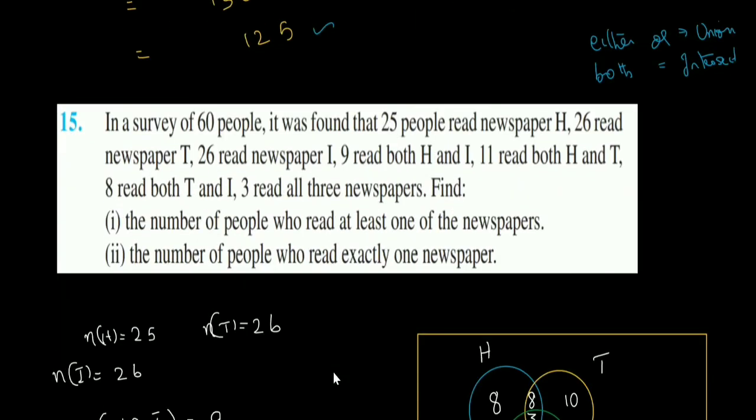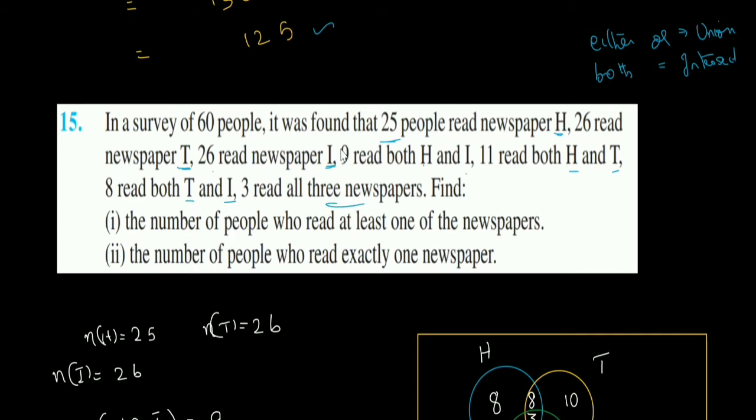Now question number 15. In a survey of 60 people, it was found 25 read the newspaper H, 26 read the newspaper T, 26 read the newspaper I, 9 read both H and I, 11 read both H and T, 8 read T and I, 3 read all the 3 newspapers.